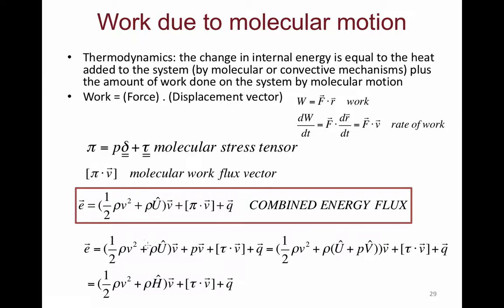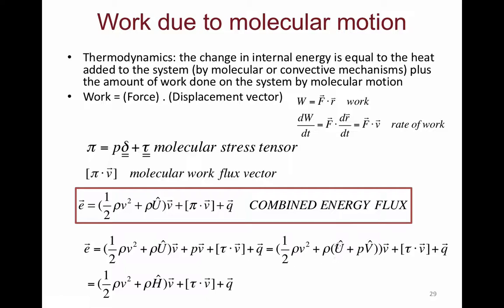My e is 1/2 rho V squared plus rho H V plus tau dot V plus q. So that is my combined energy flux vector.